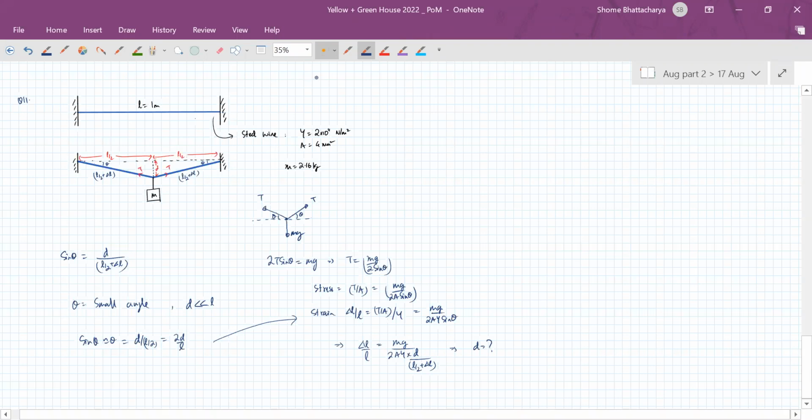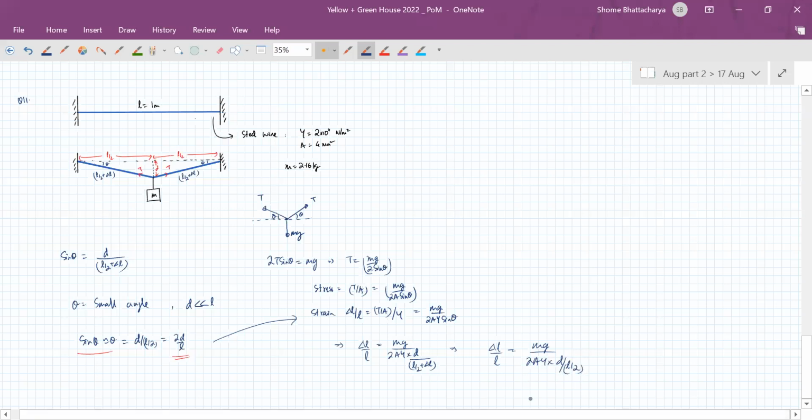Now, one more simple thing that we can do here. When we use this approximation, instead of substituting sine theta as this complicated thing, we're substituting sine theta as just 2d by L. So after using the approximation, this equation becomes delta L by L is equal to mg upon 2ay into d divided by L by 2.